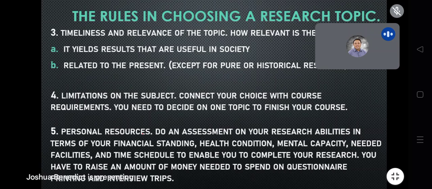Make sure that these resources are fit and you are able to meet the demands of the research paper or topic that you want to pursue. If alam mo hindi mo magagawa because you have no facilities, etc., then why pursue it? Diba? You're going to end up making inaccurate data.